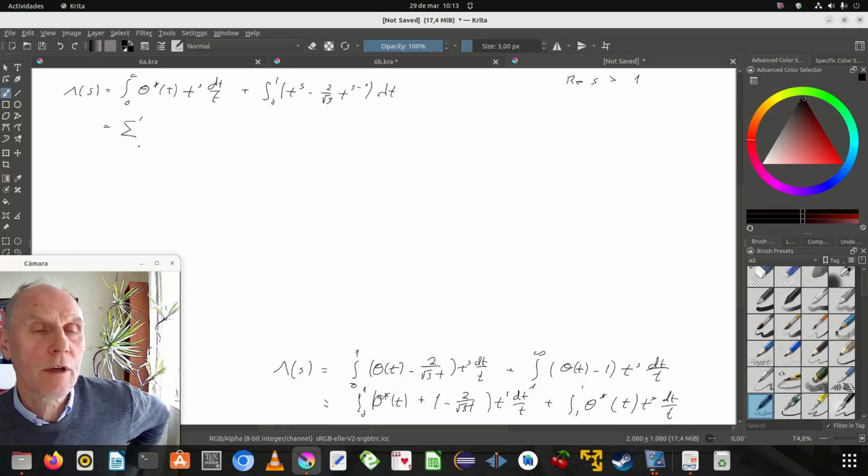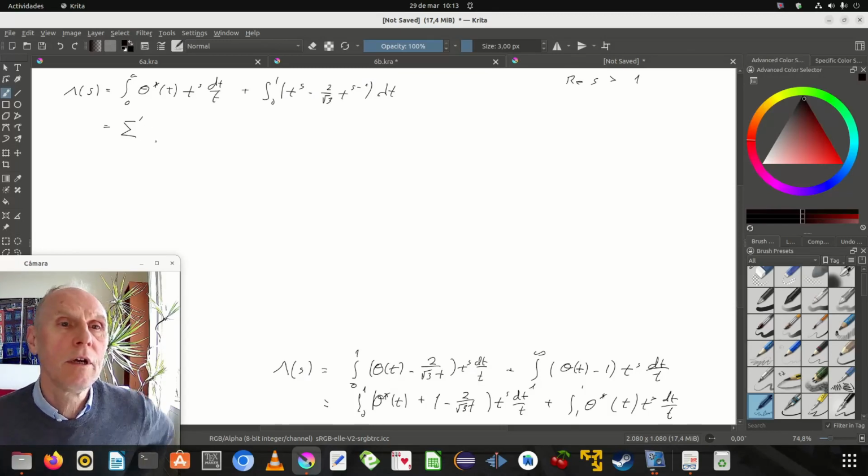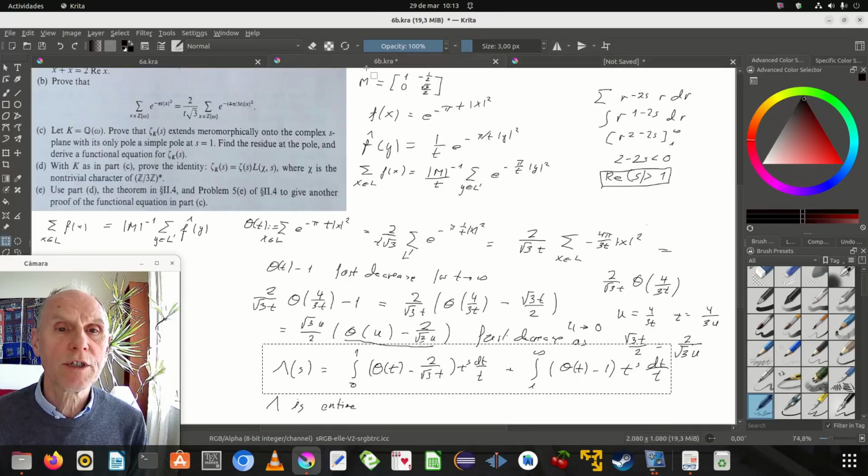Again, excluding the center. And then we have to look at the definition of theta.